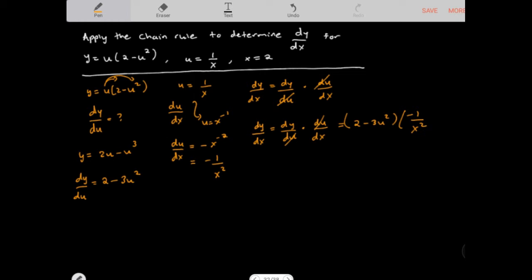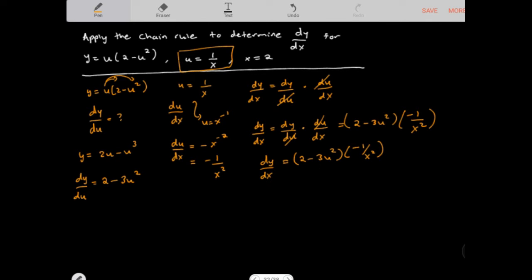over x squared, right? At this point, you now have the derivative dy over dx, but you actually have it in the form of u and x. Okay, you want to try to make sure that all the u's are in terms of x. So to do that, you want to do a substitution. You know that u is equal to 1 over x, right?